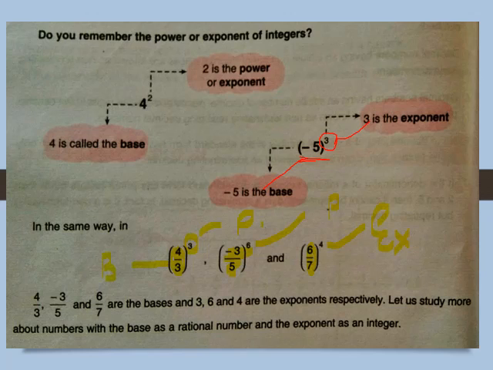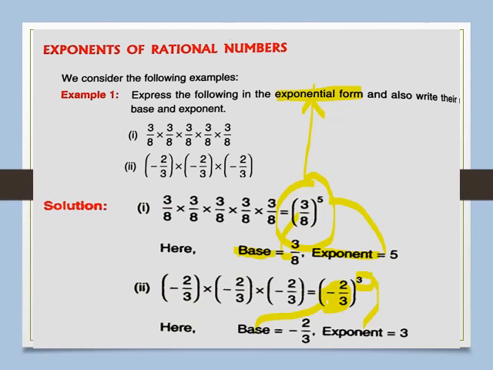So in this way, we can recognize whether the number is at the base or at the exponent. So 4 upon 3, minus 3 by 5, 6 upon 7 are the bases and 3, 6, 4 are the exponents respectively.